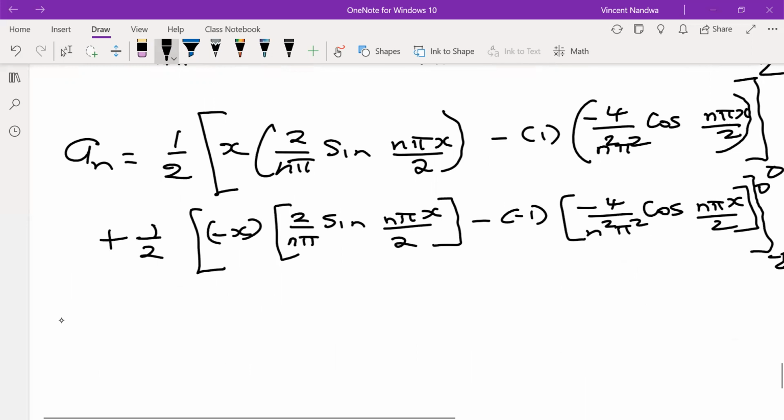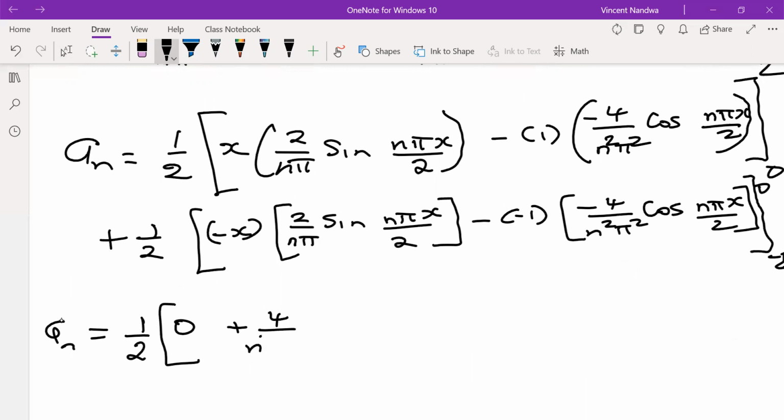So this will give us an equals a half into 0 plus 4 over n squared pi squared times minus 1 power n, which is the value of cosine of n pi x over 2, and then minus 4 over n squared pi squared.